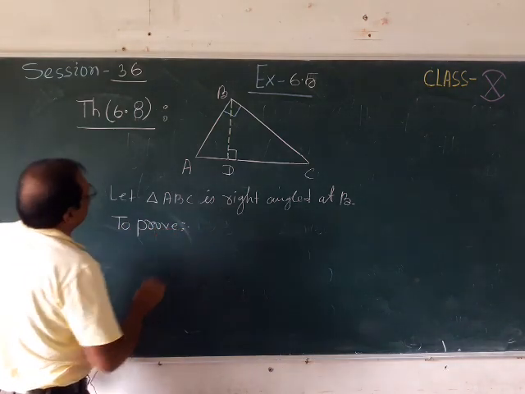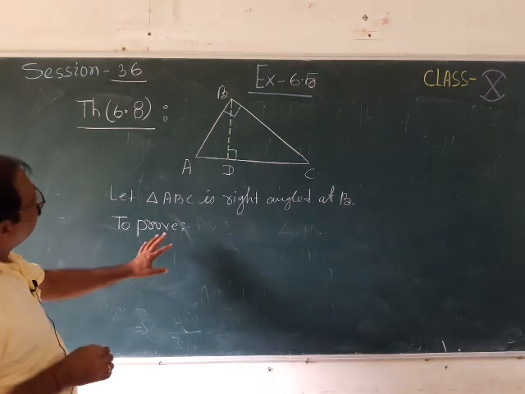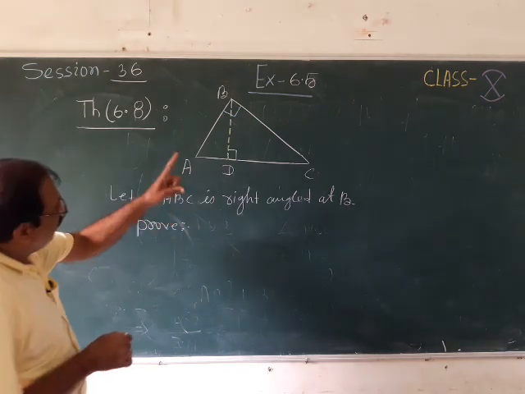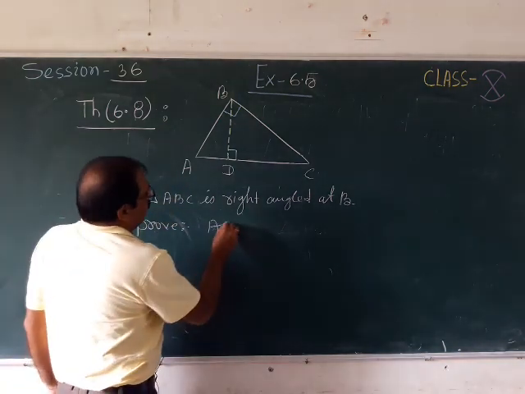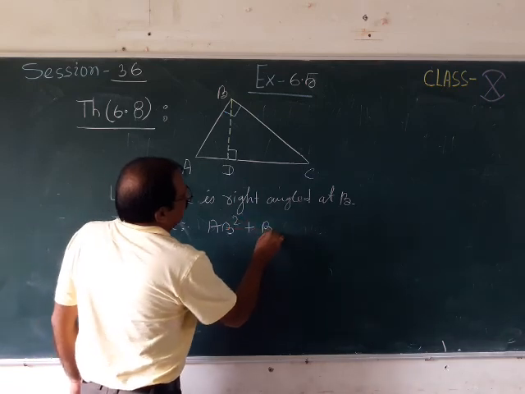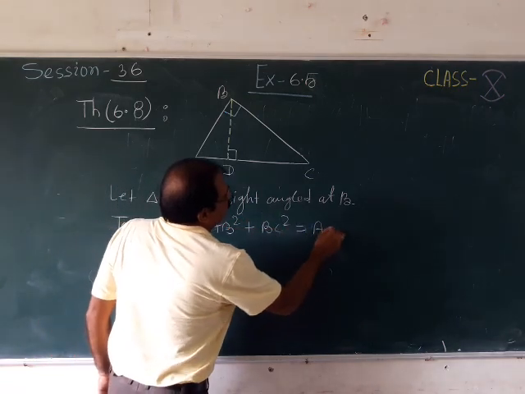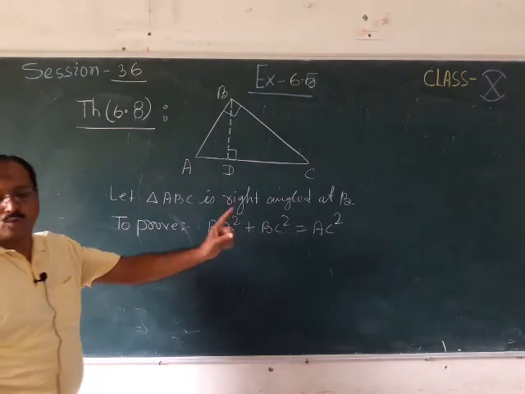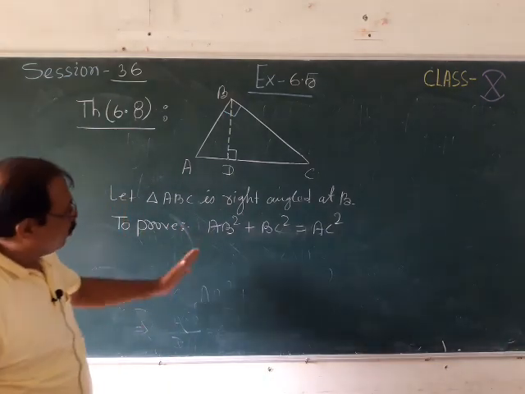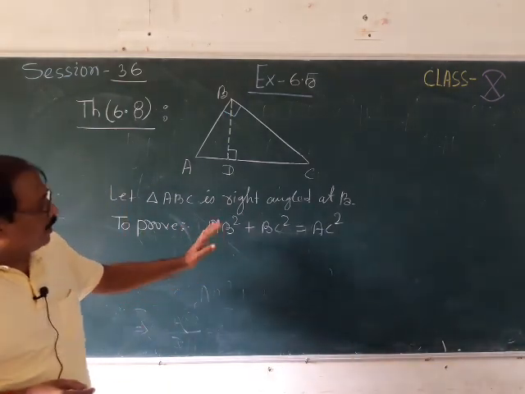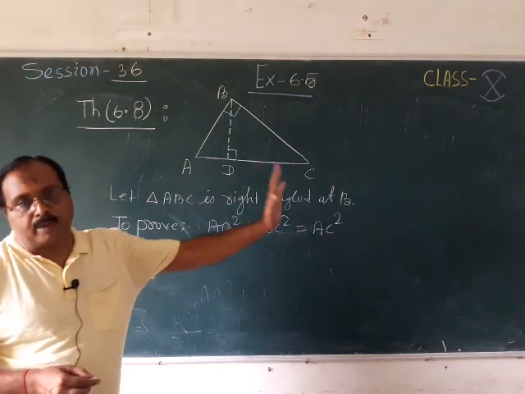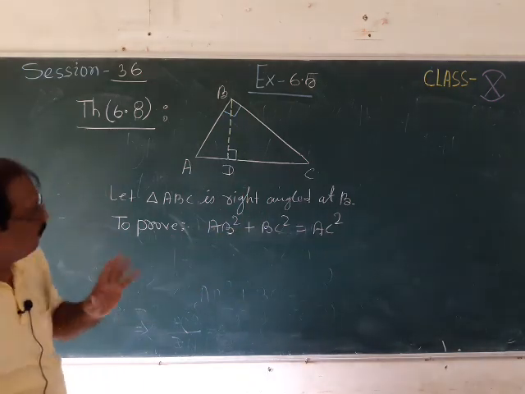What to prove? It is to prove that AB square plus BC square equal to AC square. This you need to prove actually. Okay, or you can write AC square equal to AB square plus BC square, no problem.